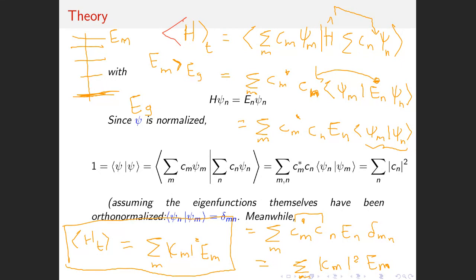So even if you were to take the sum of the mod squared of C_m times E_m, this will be greater than the sum of E_g times the mod squared of C_m, and then you can take the E_g out.